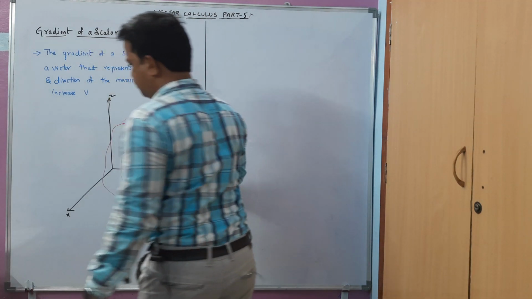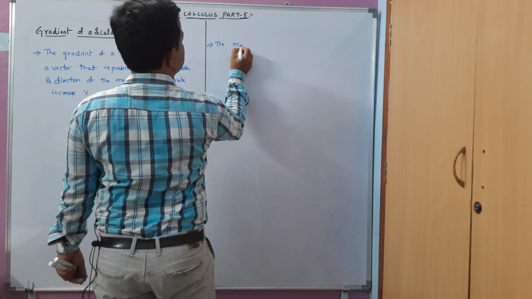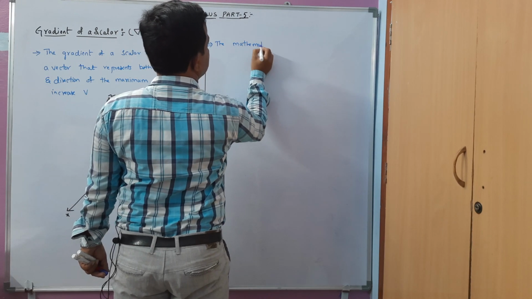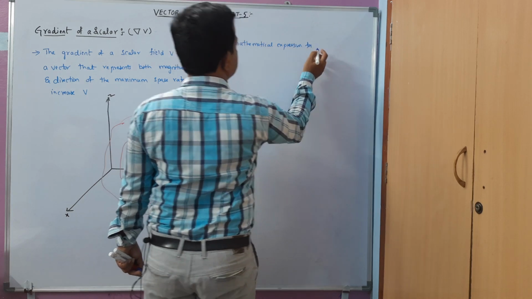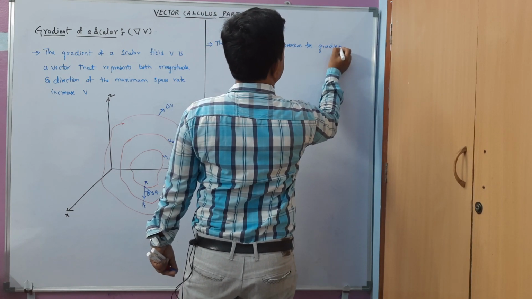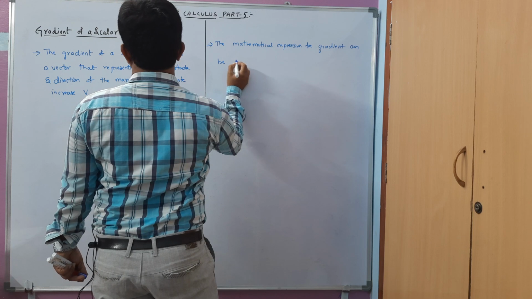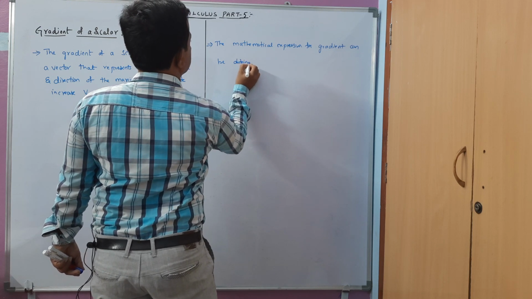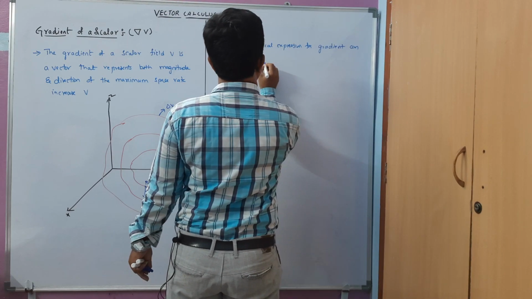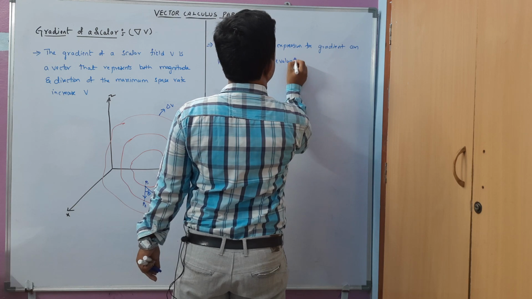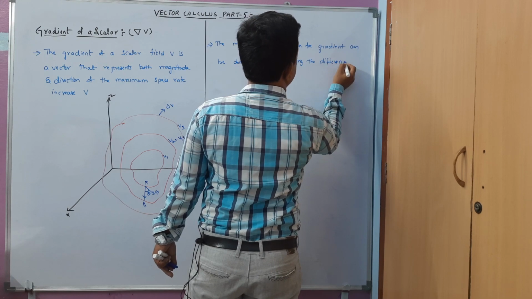Now from this diagram we are going to express the mathematical expression for the gradient. It can be obtained by evaluating the difference between the field dV.